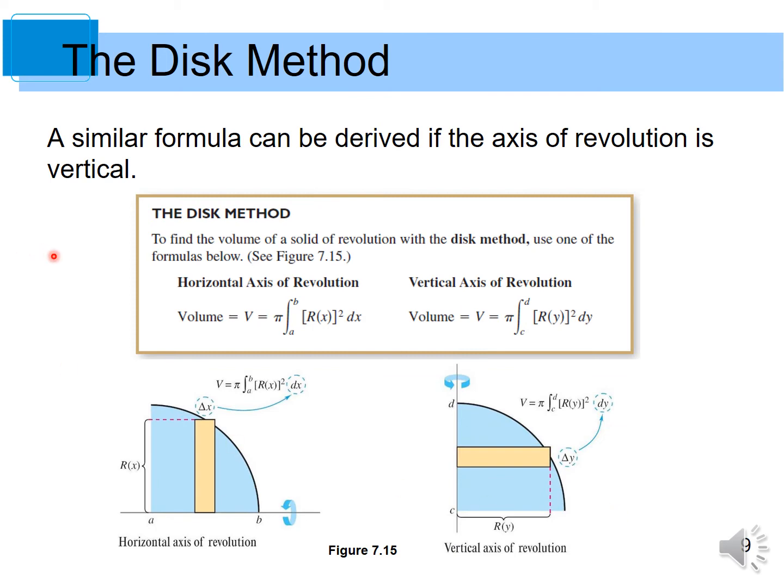A similar formula can be derived if the axis of revolution is vertical. To find the volume of a solid of revolution with this method, use one of the formulas below.